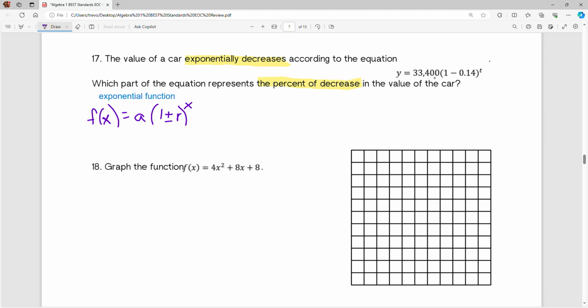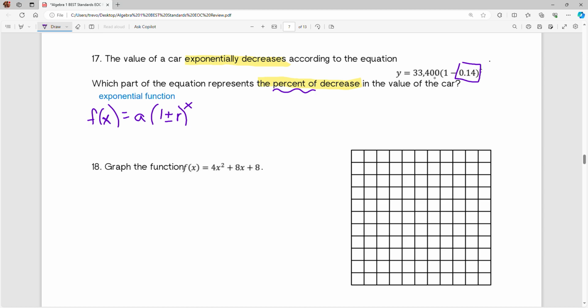So this right here tells us the rate that you are increasing or decreasing exponentially. And we know we're decreasing because it's a minus. And so the amount of the decrease in decimal form is this 0.14, and they want you to just turn that into a percent.